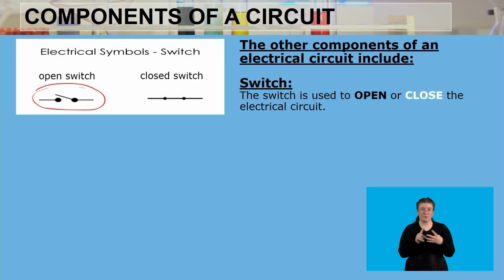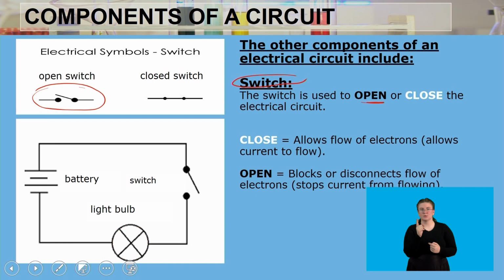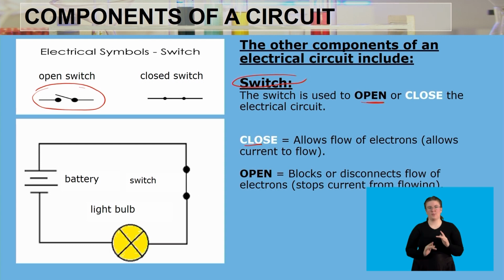So now, the other components of an electrical circuit include the switch. The switch, as we have said, can either be open or closed, and we need to know what it means for a switch to be open or closed. If it's closed, it allows the current to flow from one point to the other. But if it's open, it blocks or disconnects the flow of electrons.